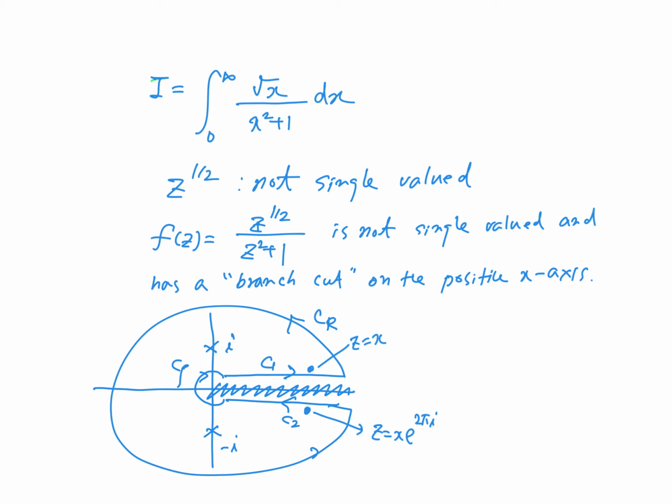But above, on C1, simply z equal to x, right? On this point, we have 2 pi i. So this point can be considered as x times exponential 2 pi i. So simply this: x squared plus 1, square root of x, right? Here.